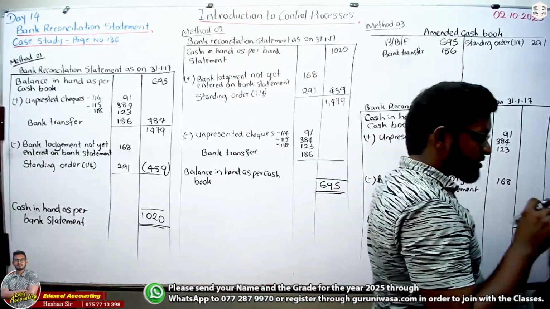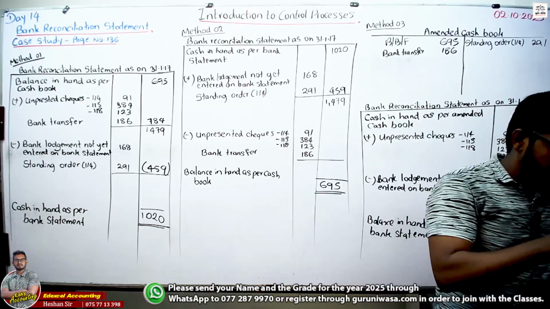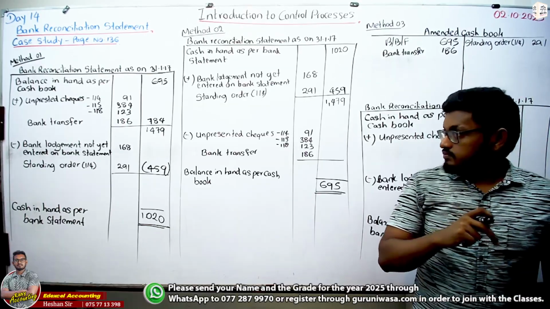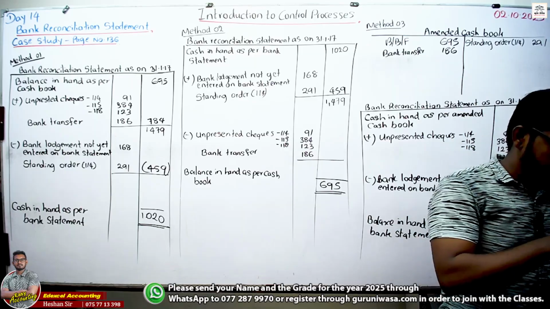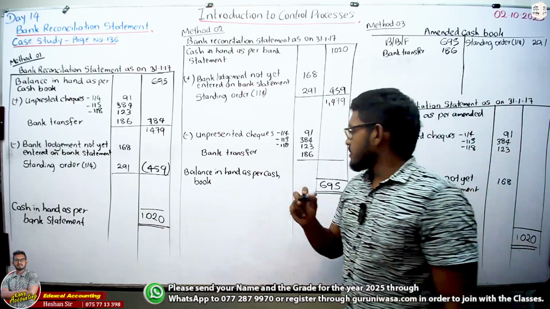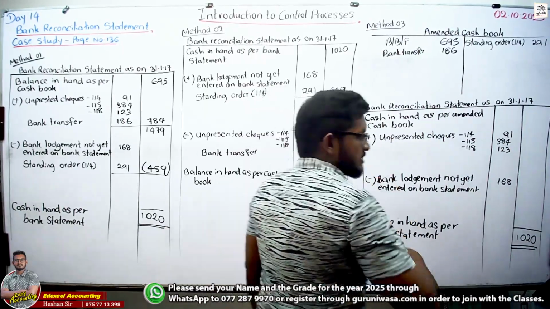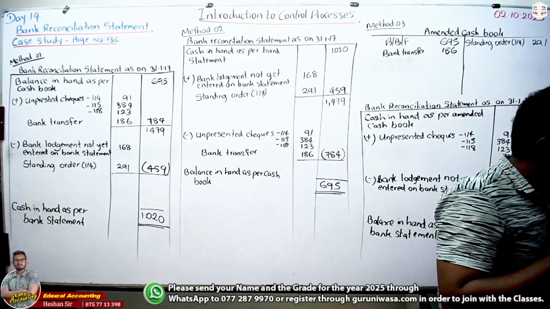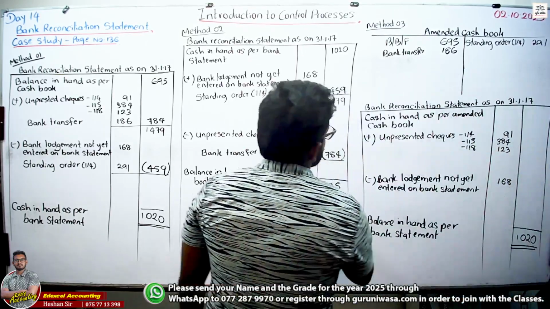Get the total of these things: 91 plus 384 plus 123 plus 186. 784. Deduct these things. Check whether the answer is 1479. Yes, you get the same answer.